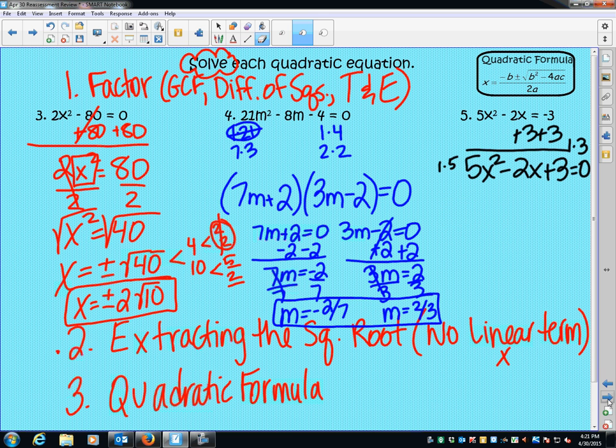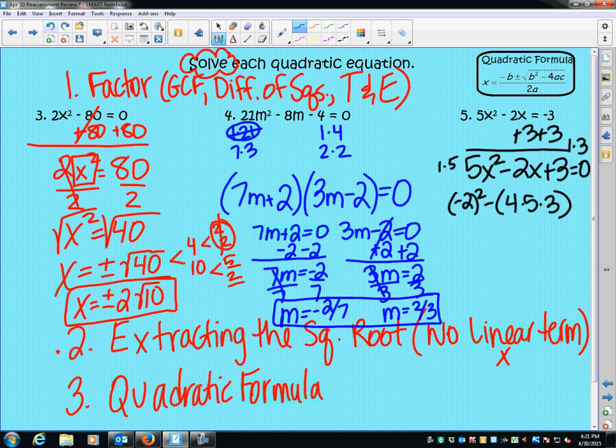Okay, so what this tells us is if we've tried to factor and it does not work, we have to use the quadratic formula. We can't extract because of the linear term there, so we have to do the quadratic formula. The best method to do that is to do the discriminant first. So b squared minus 4ac, okay?